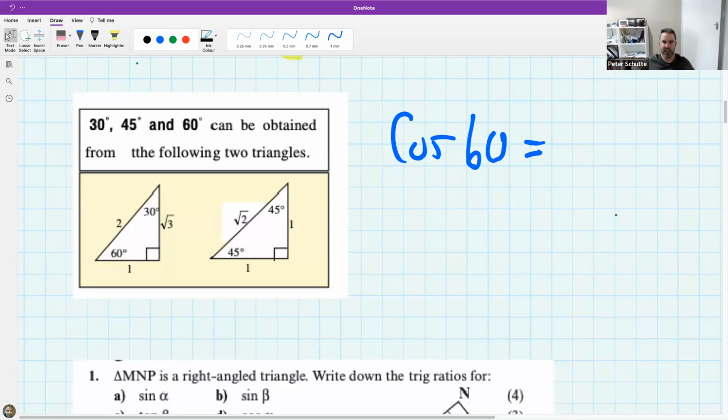What would you tell me about the value of the cos of 60 if this was your only triangle, or the only thing you had to use? So the cos of 60 has to use this triangle.